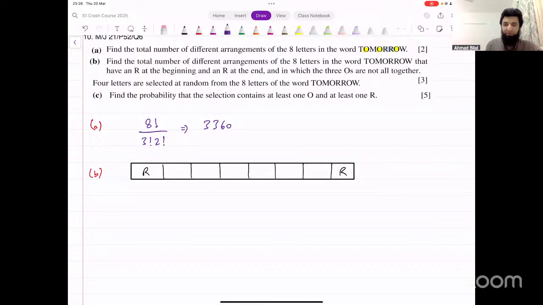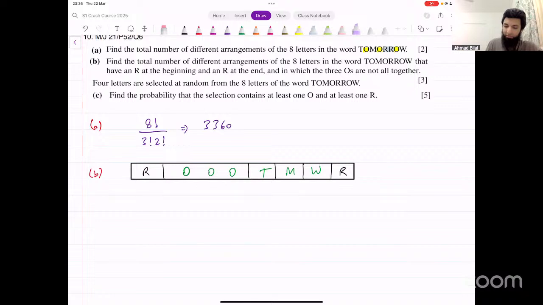Now, let's say we have them all together. Let's find that case first, where the 3 O's are together. What do we do for that? We put them in a single box. O, O, O. And then in the remaining boxes, we have T, M, and W. In how many ways can we arrange these? Remember, R's are fixed. They are not going to move.